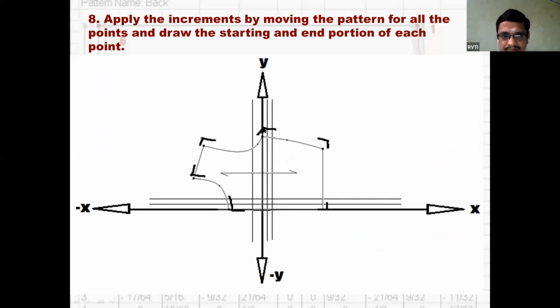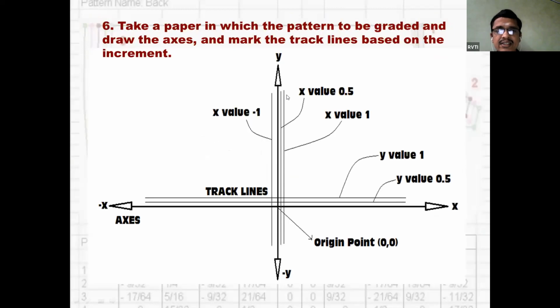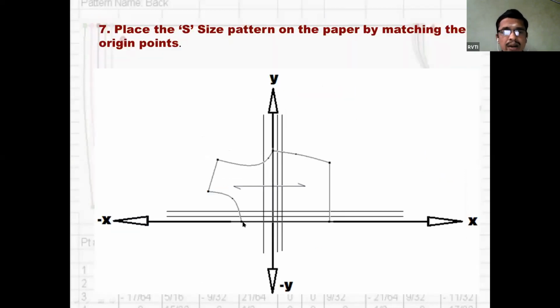At the same time, I have to move the pattern in the plus Y direction by 0.5. So this axis should match with the 0.5 axis here. Already we drew the 0.5 axis here. This axis and the pattern axis should match. That means this point has automatically moved from this position to this position. Okay.